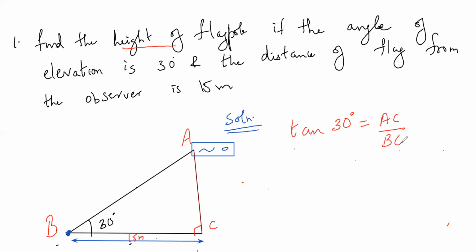What is the value of tan 30? It is 1 by root 3. AC value we have to find. What is AC? Height of the flagpole. By BC value is 15. So AC is equal to 15 by root 3. That's it. The height of the flagpole is 15 by root 3. Simple thing.